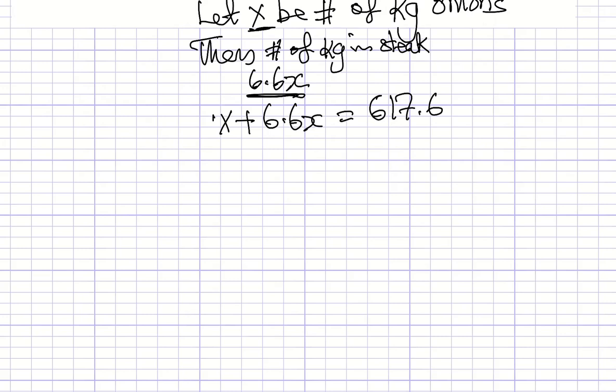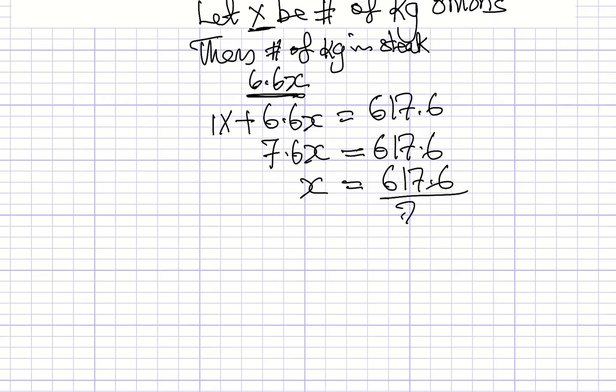Because this is 1x and this is 6.6x, that will be 7.6x. I hope you see that. To get rid of 7.6, you divide by 7.6. You get x equals 617.6 over 7.6. That's all.